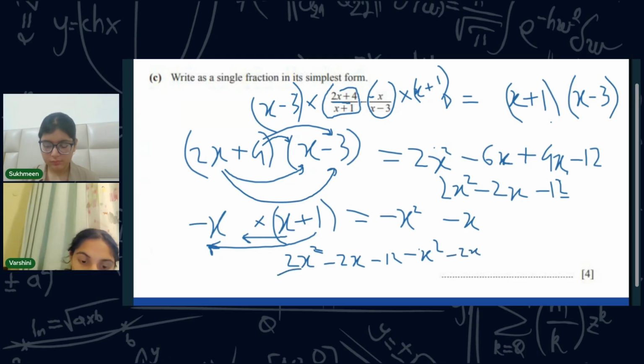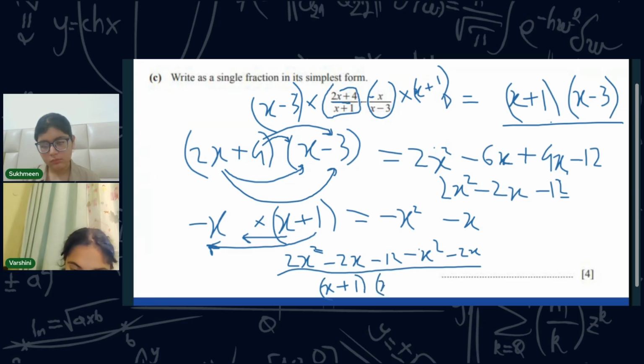And we've already figured out the denominator, which is just x plus 1 into x minus 3. So we can simplify this because there are two x squared terms and two x terms. So we know 2x squared minus x squared is going to give 2 minus 1, which is just x squared.